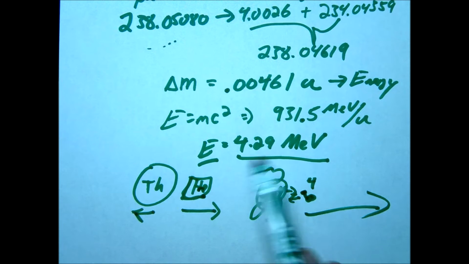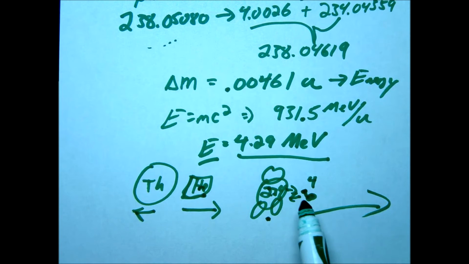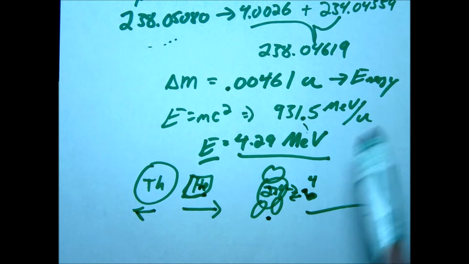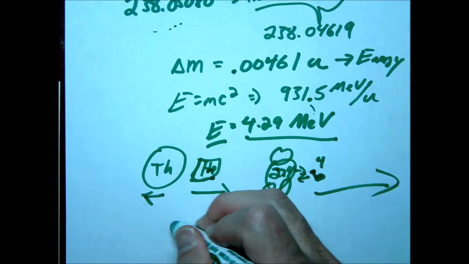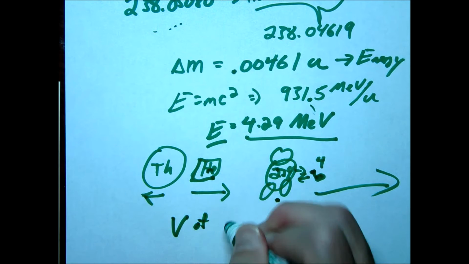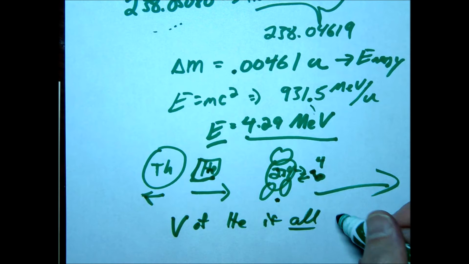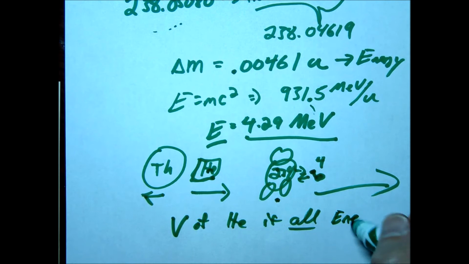So when you see this question, they will usually say to assume that this energy goes into the helium atom. So what is the velocity of the helium if all the energy goes into the helium?